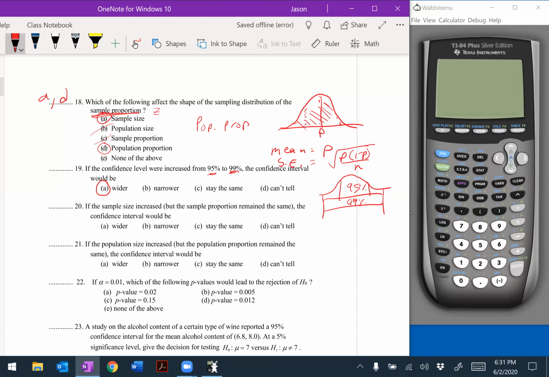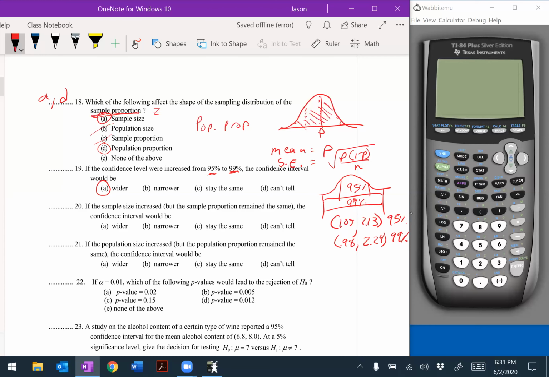The higher the confidence level, the more values you're going to capture in your interval. Say at 95% you get 1.05 to 2.13, and then maybe 0.98 to 2.24 at 99%. You would go wider. You would capture more of them.